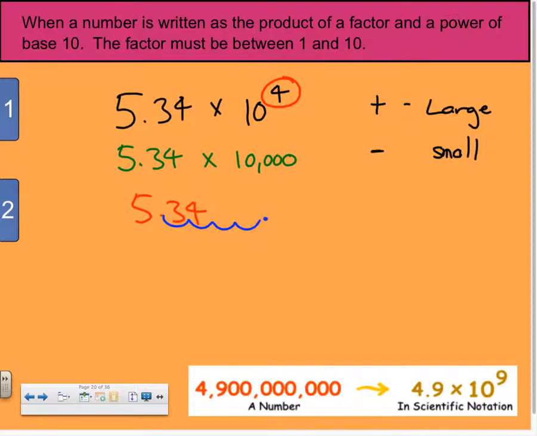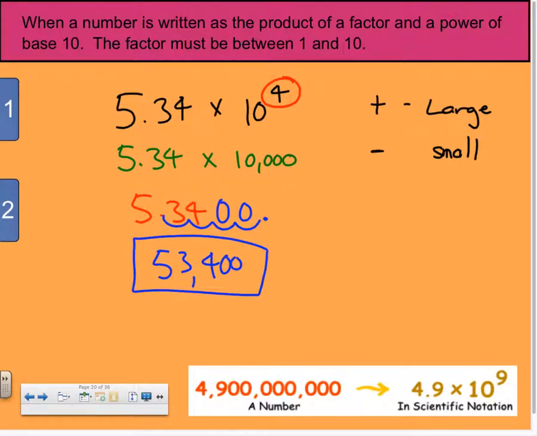And if you have empty egg cartons, you have to put eggs in them. And I always thought that that was kind of funny. So remember, if you have empty egg cartons, put eggs in them. So the answer, after I rewrite it now, is going to be 53,400. All right, let's do one more.